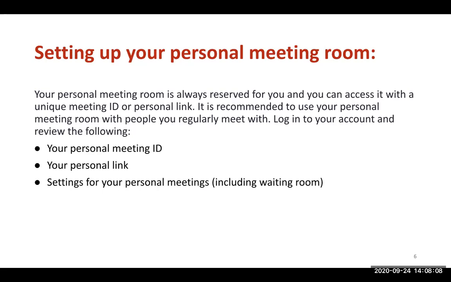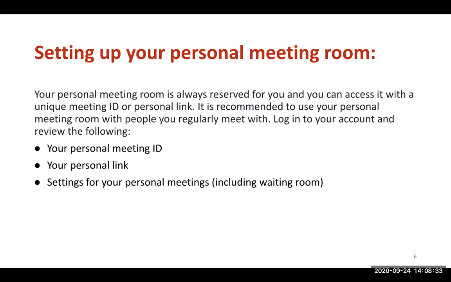So in this case, we're going to apply that to office hours, but in case you have meetings with colleagues, you can use this as well. We're going to take a look at our accounts in just a moment, and we're going to take a look at the personal meeting ID, our personal link, and also the settings for that. How is this different from scheduling a regular meeting, you may be wondering? There really is no difference other than the meeting ID.